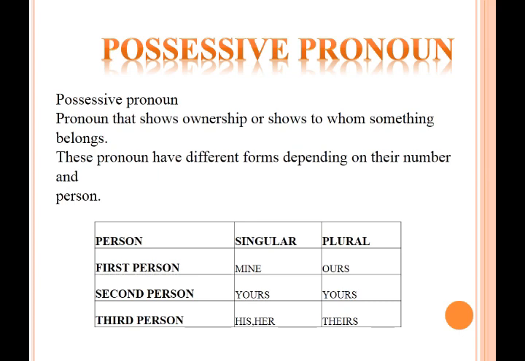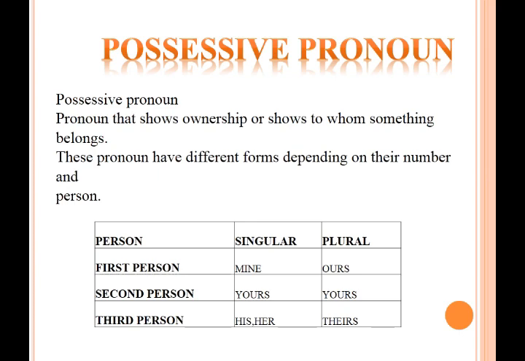Next kind of pronoun is possessive pronoun. Pronouns that show ownership, or the pronouns that show to whom something belongs, are called possessive pronouns. These pronouns have different forms depending on their number and person. Now let's see a table.